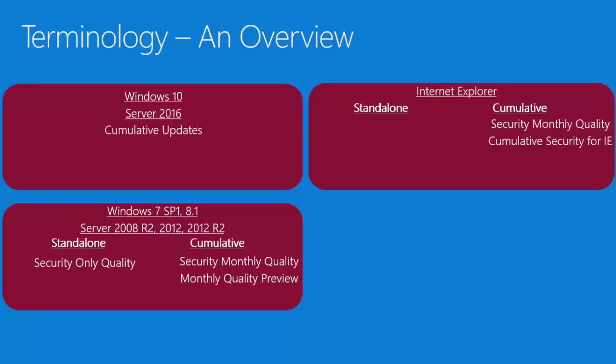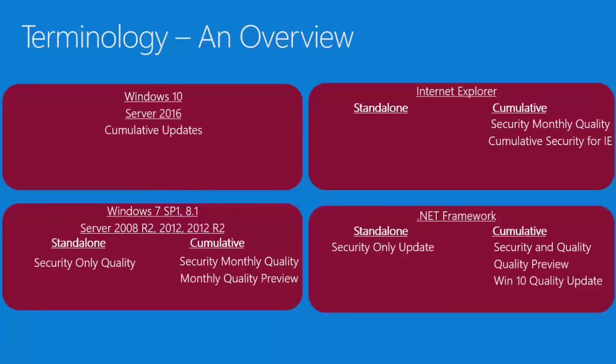So that's kind of how we split things out. Regardless of what version of IE you have on your system, we will only update the version that's there. There were some concerns initially raised about, hey, will you upgrade my version of IE from one level to the next? No, we're going to look at what's there, and we will not install or upgrade any additions, just patch what's already installed. Okay?